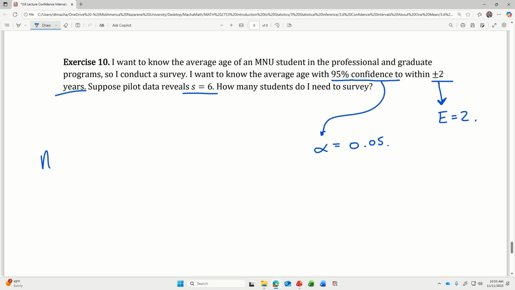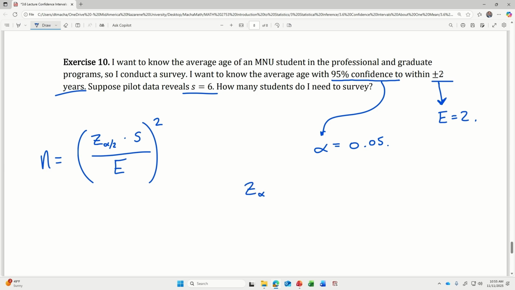So we say N is equal to the critical value times the sample standard deviation, divided by the margin of error that I want, squared. I just need to know what that critical value is, and I'll be ready to go.